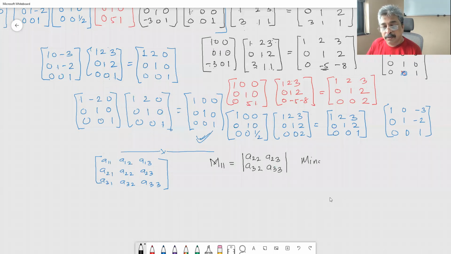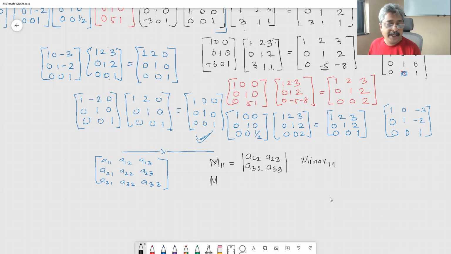This is the minor of 1 1, first row, first column. The minor of first row, first column is: ignore the first row, ignore the first column, and whatever determinant is remaining is called the minor of 1 1.